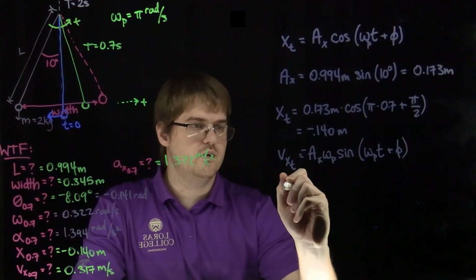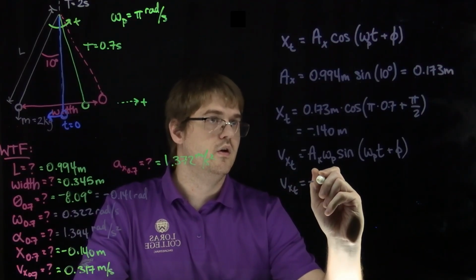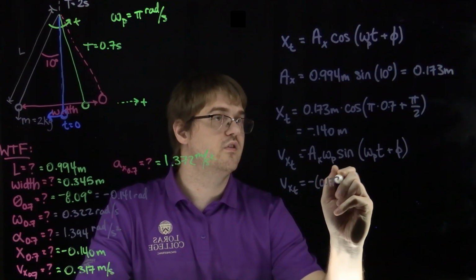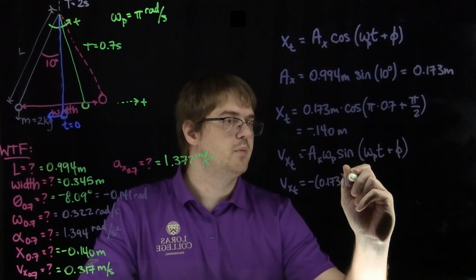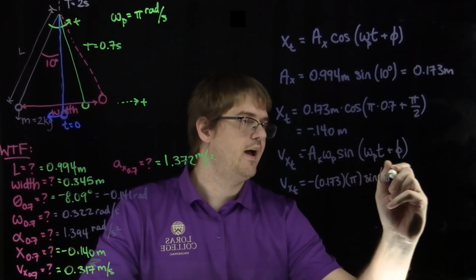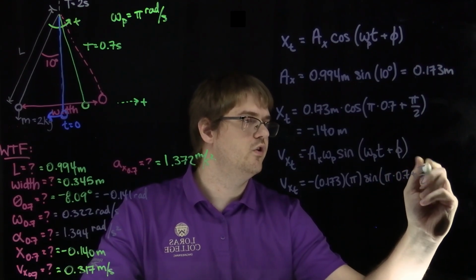And this is going to come out to negative 0.173 times pi times the sine of pi times 0.7 plus pi over 2.